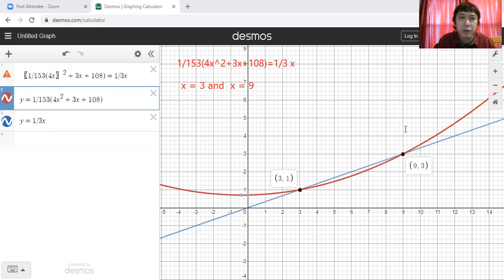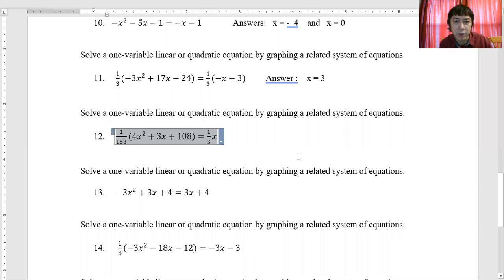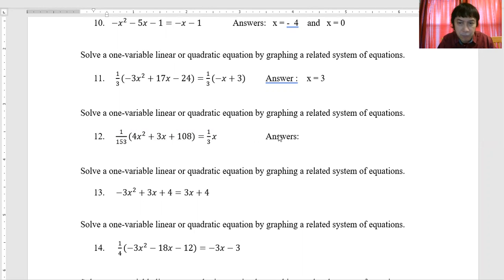The answers are x equals 3, x equals 9, and that answers this number. All right, so returning to the previous screen, these are the answers for number 12: x equals 3 and x equals 9.